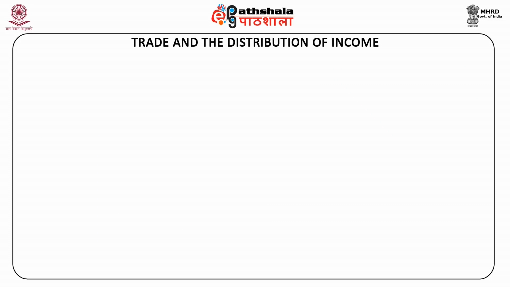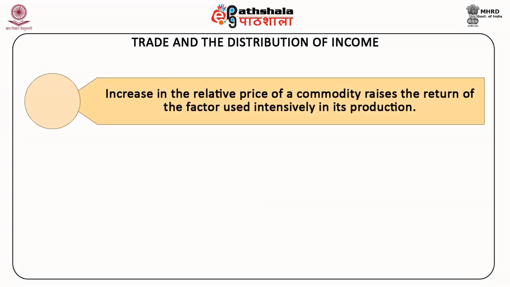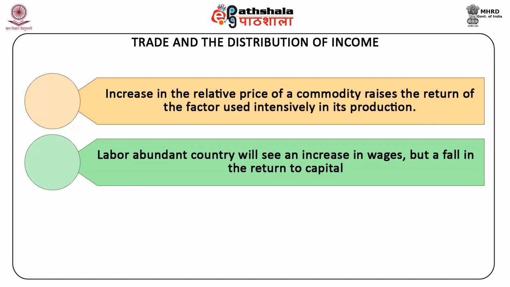The factor price equalization theorem demonstrates that an increase in the relative price of a commodity raises the return of the factor used intensively in its production. Thus, the labor abundant country will see an increase in wages but a fall in the return to capital.